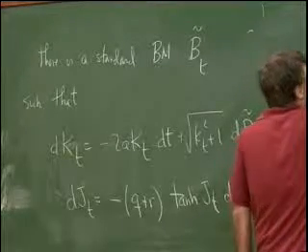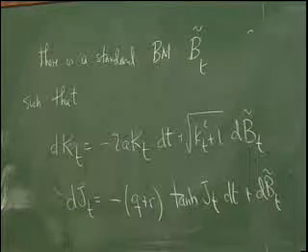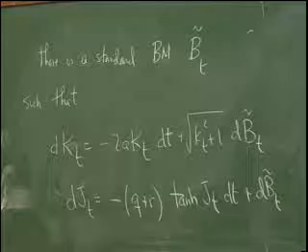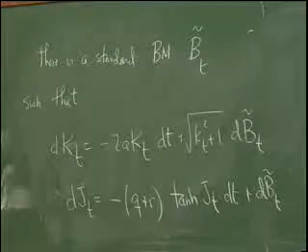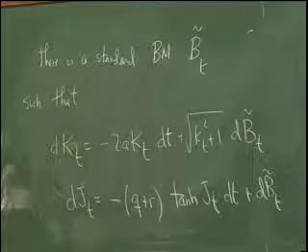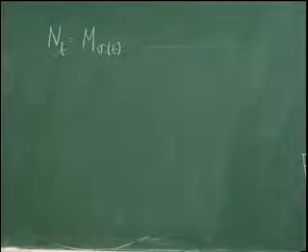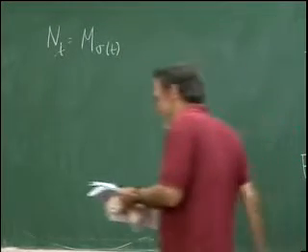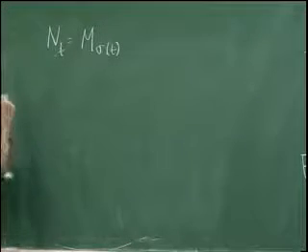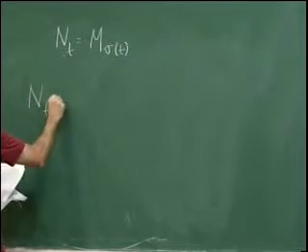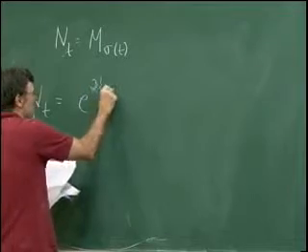Let me let n_t be the martingale at sigma t. By the way, if you start with a martingale and you time change it, as long as you're not unlucky, you're going to get a martingale back. You can have some loss of mass, but that's not a problem here. This turns out to be a martingale. I'm just going to add some more notation, but I'll explain why I'm doing this.